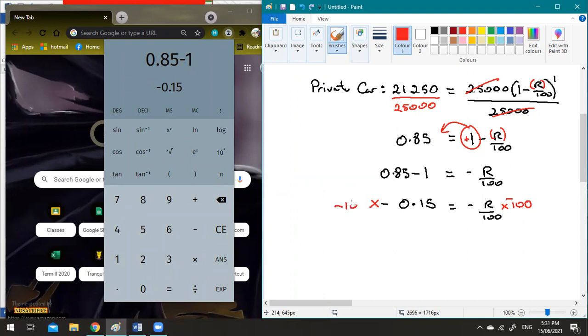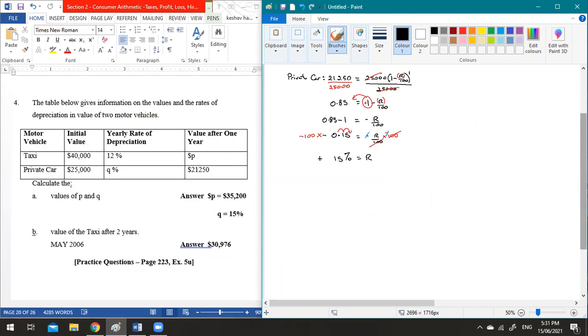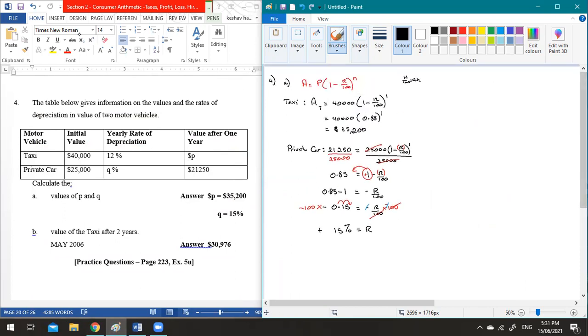So I'll multiply by a negative 100 here as well. So this 100 will cancel this 100, and the negative sign will cancel this negative sign to remain with R, the rate. And because you're multiplying a negative by a negative, our answer will be positive. Multiply by 100, so you move the decimal place 2 times to get 15. So the rate is 15 or 15%. So this is the thing there.